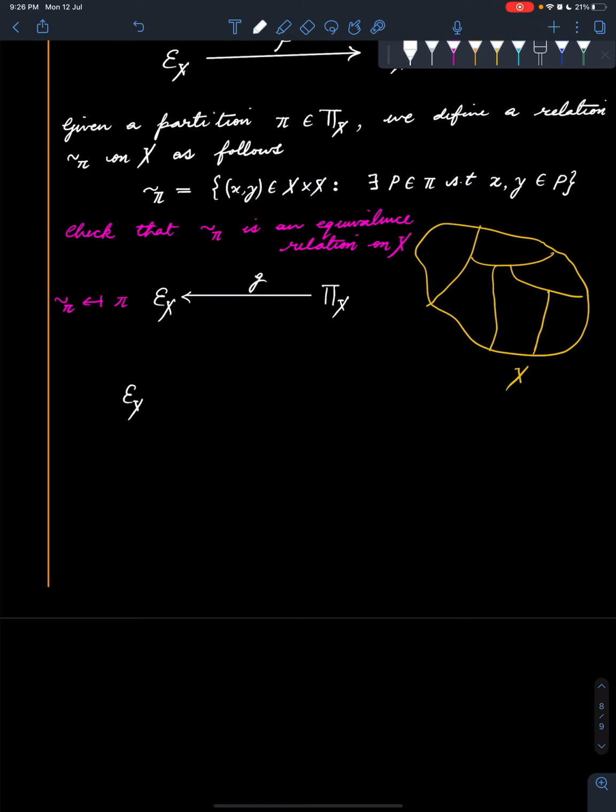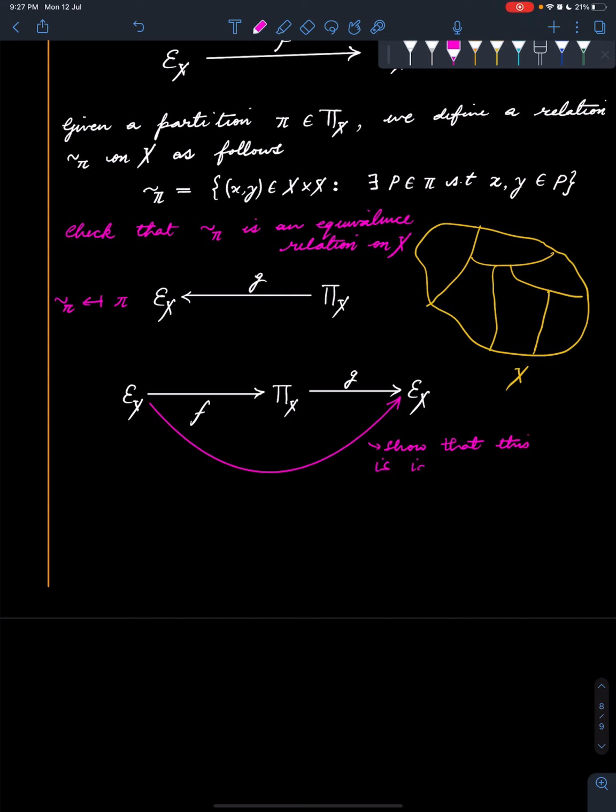So if you go this way and then this way, then what I want you to show is that this is identity. Show that the pink map is identity. Meaning it takes an equivalence relation and gives you the same thing back. And also show the other way around.